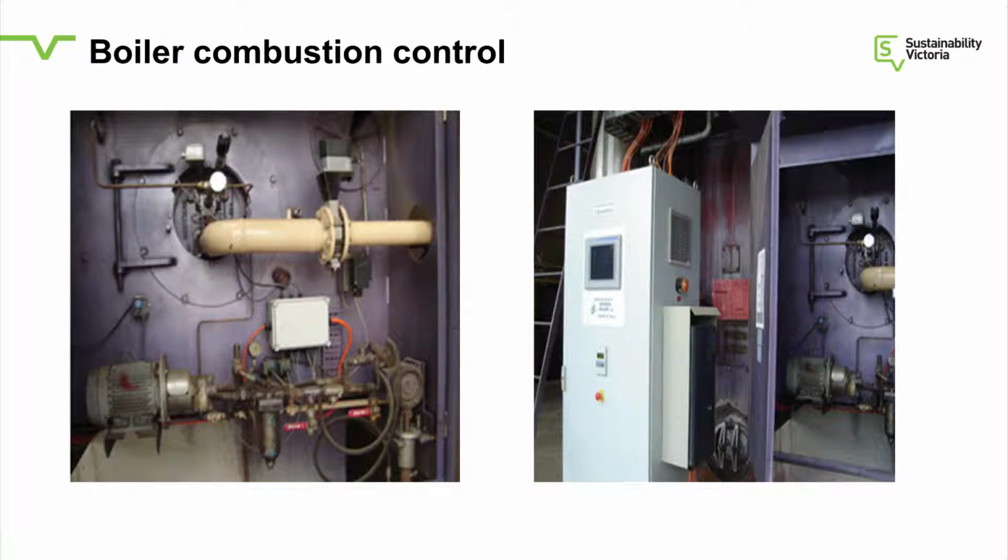These controllers have to be approved by Energy Safe Victoria, again, through the AGA. And it's important that whilst you can monitor these things, you can't fiddle with the burners. You need to have a Type B ticket to actually adjust the burners. That's fine. You can still analyse it, and then you can get your combustion people to tune it.